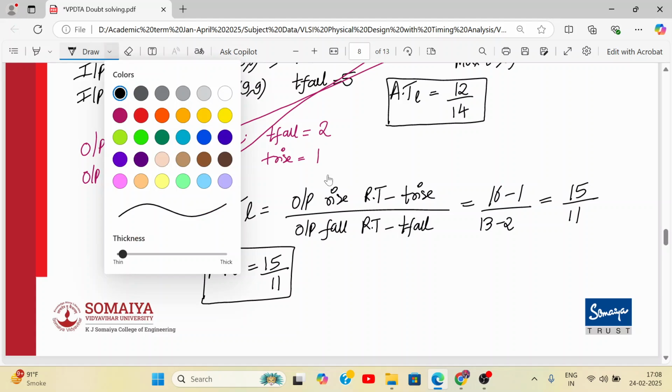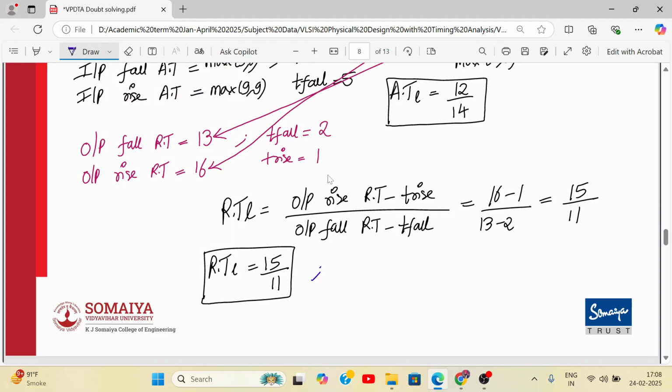Then we have to calculate the slack. Slack at node L will be, numerator, required time for the rise, and denominator, required time for the fall. So this will be rise, fall, and this will be rise, fall. So it will be 15 minus 12 upon 11 minus 14.